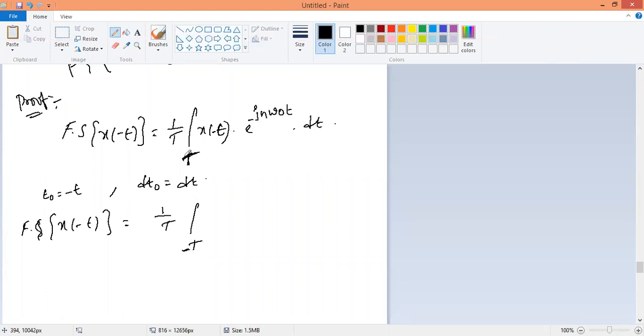Here T is the overall limit. The overall limit will also become minus T. Now take 1 by T integral minus T x of t naught e power minus j n omega naught minus t naught. Now if minus t equals t naught, in the same way t value will become minus t naught. Now here t naught is taken as minus t.